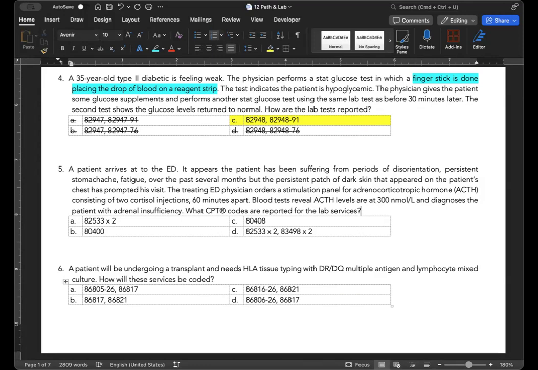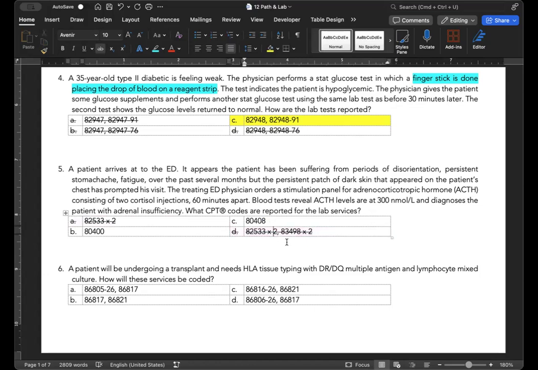So 82533 is for cortisol total. So are we testing the cortisol? No. Right. We have injected cortisol, but we're not testing the cortisol level. So we want to rule out A and D because we're not testing for the cortisol. We're doing the ACTH stimulation panel.